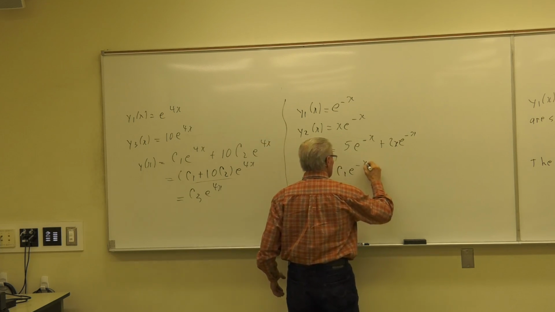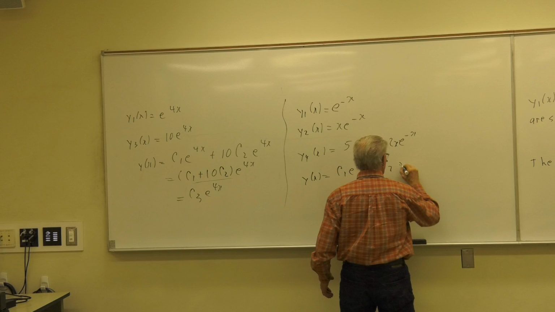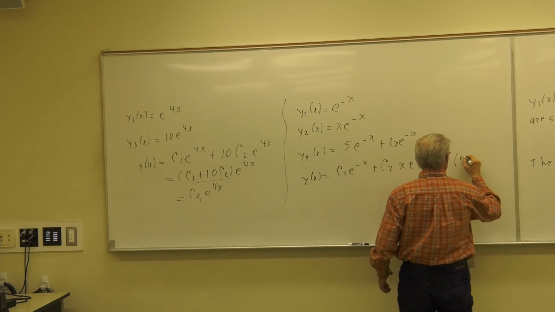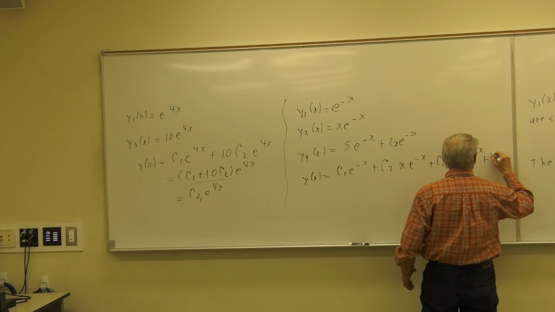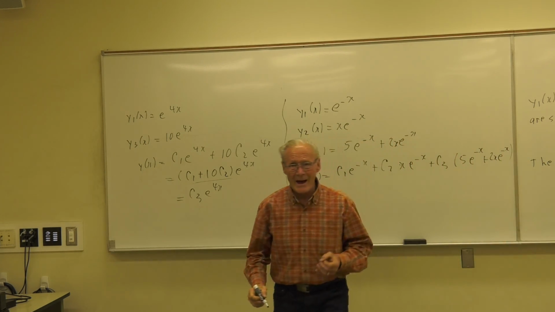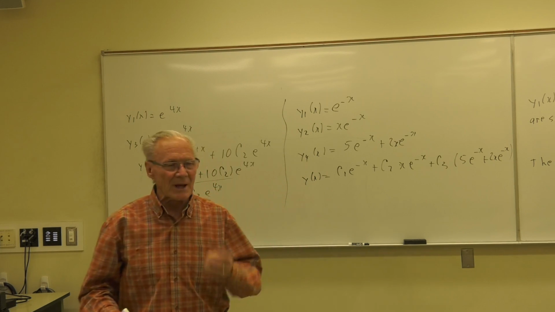c1 e to the minus x, c2 x e to the minus x, and c3 times 5 e to the minus x plus 2x e to the minus x. Do I have a 3-parameter family of solutions?